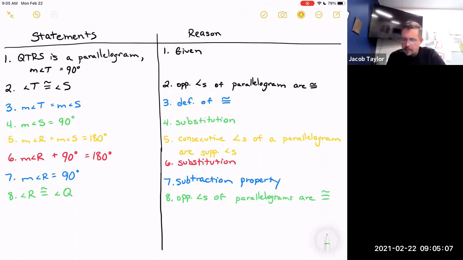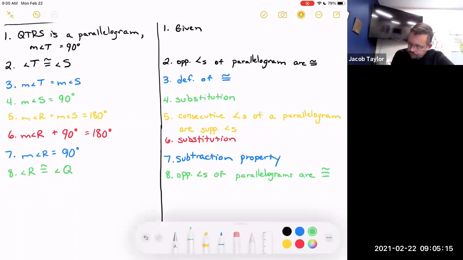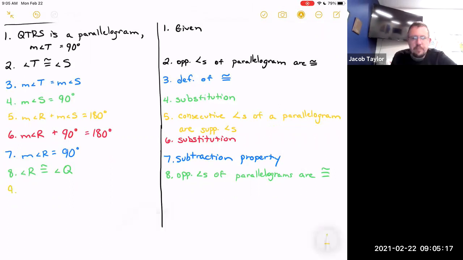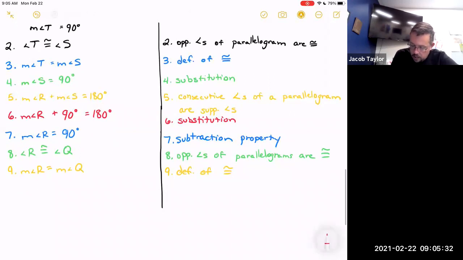I'm just copying exactly steps 2, 3, and 4, except with angle Q. Okay, so the next step would be the measure of angle R equals the measure of angle Q, because definition of congruent. Which means, by the substitution property, angle Q is 90 degrees.